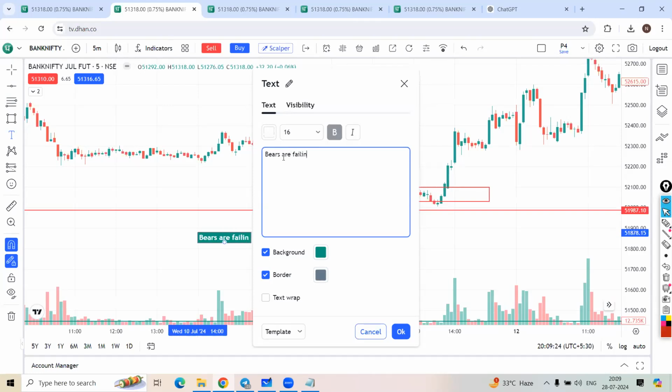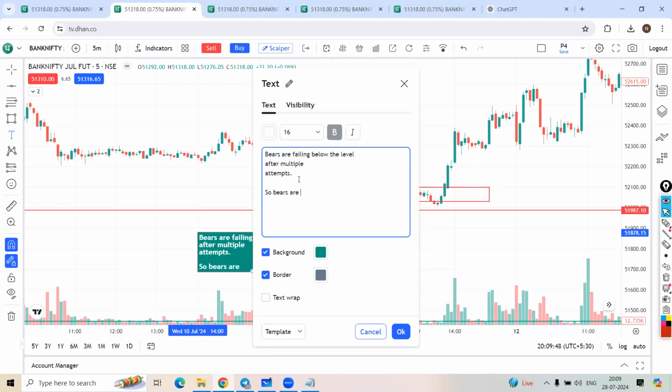Bears are failing after multiple attempts. Okay, you can take this as an add-on to your trade strategy.